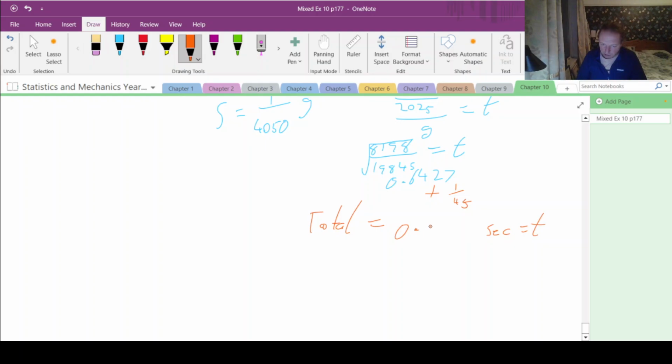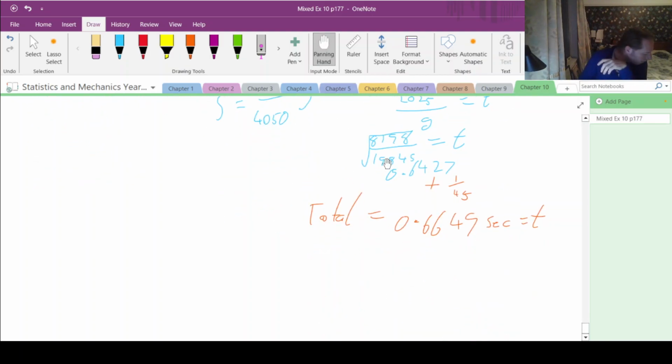So somewhere in that first calculation, as I banged it through the calculator, it obviously put something in there wrong, but 0.66 seconds is what it is. Okay, find the further time elapsed. There you go. 0.66 seconds. Done.